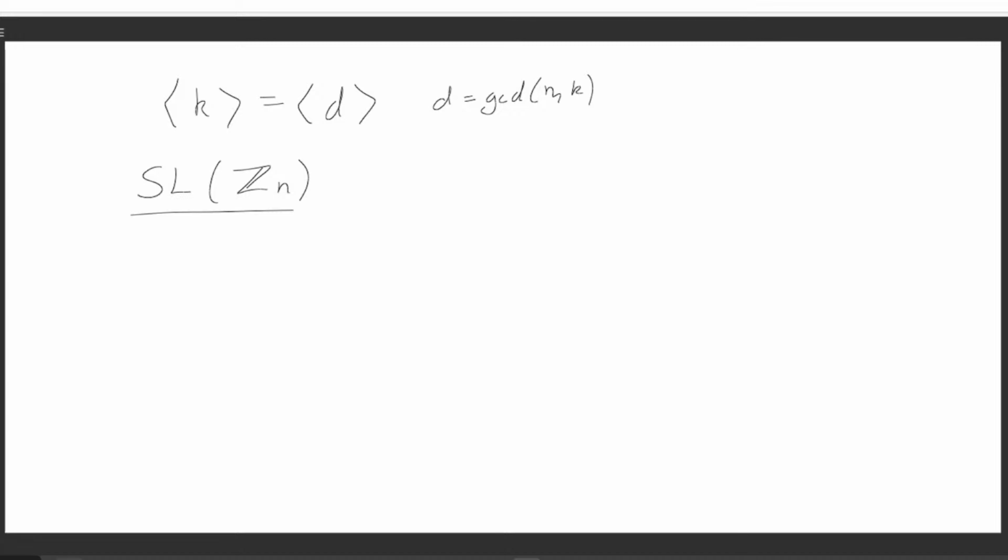Now suppose D1 and D2 are two different divisors of n, such that D1 divides D2. Then what's the relation between the subgroups generated by them?